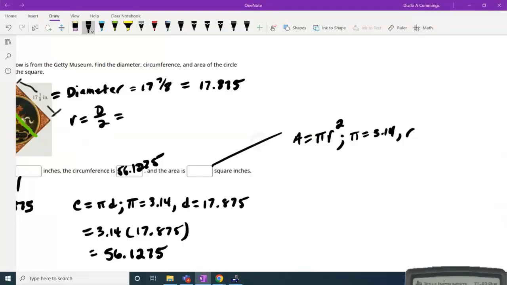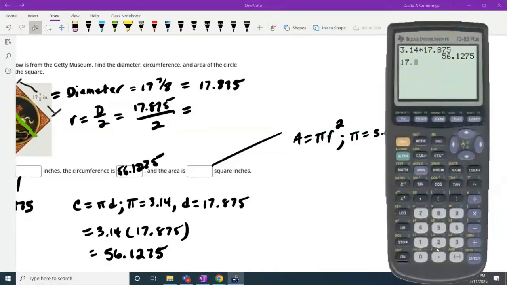So in order for me to find the radius, I have to take the 17.875 and I have to cut it in half, right? There is no alternative formula for the area, right? There is an alternative formula for the circumference, right, if you're given a diameter. But if you're trying to find the area, you must use the radius.